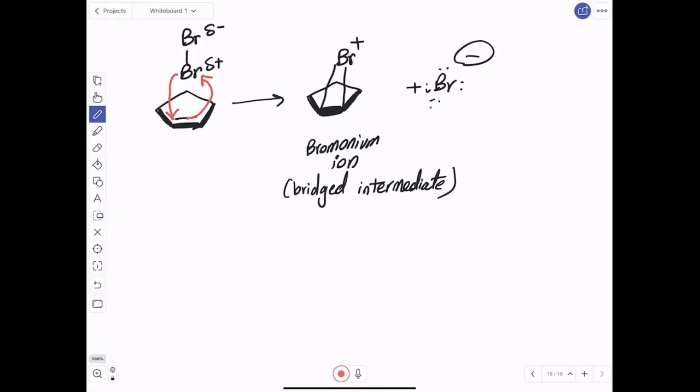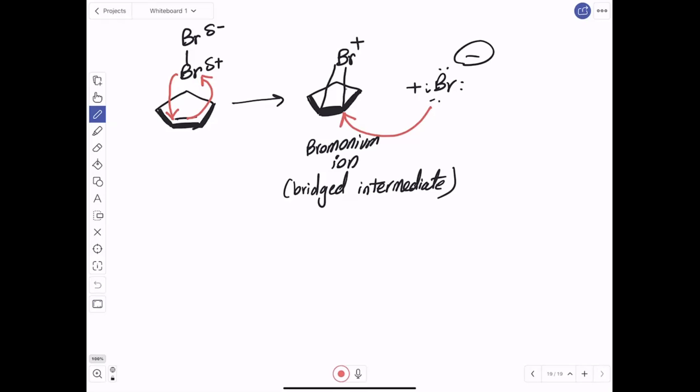So bromide can attack either carbon, but from the opposite side of the bridge. That's why it is anti-addition. So when bromide attacks here, now this carbon will have 5 bonds. This arrow means that a new sigma bond is forming between the lone pair of bromide and that carbon.